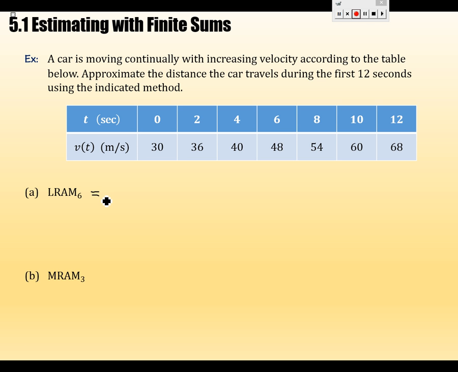Well, remember, since the subintervals are of equal size here, do you agree? You can quicken your work. If you're doing LRAM, what values are we using? We're using 30 and 36 and 40 as the heights, starting with 30. So you're using the left-hand endpoint for each of these intervals. So it'll be 30 times 2, right? And then 36 times 2.